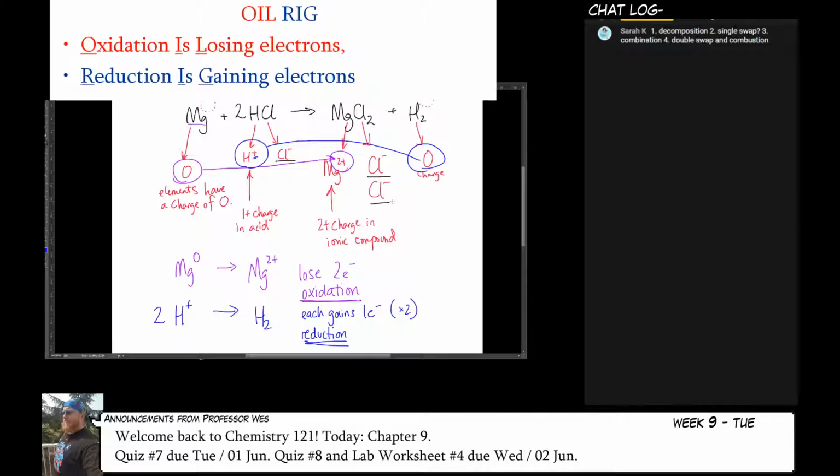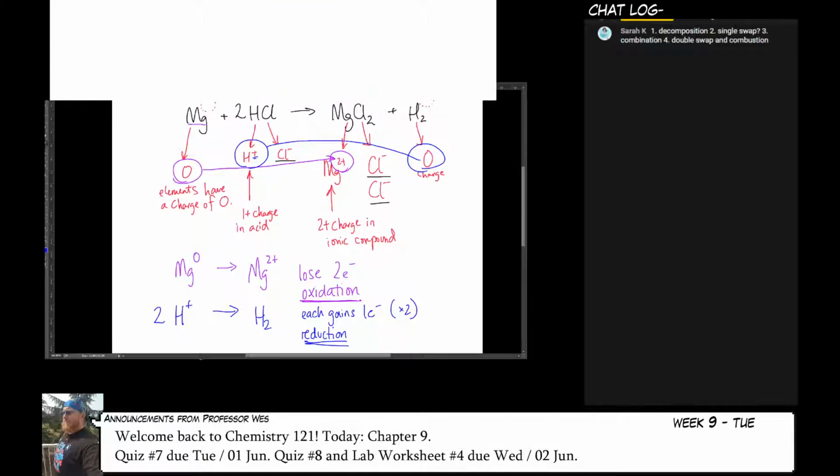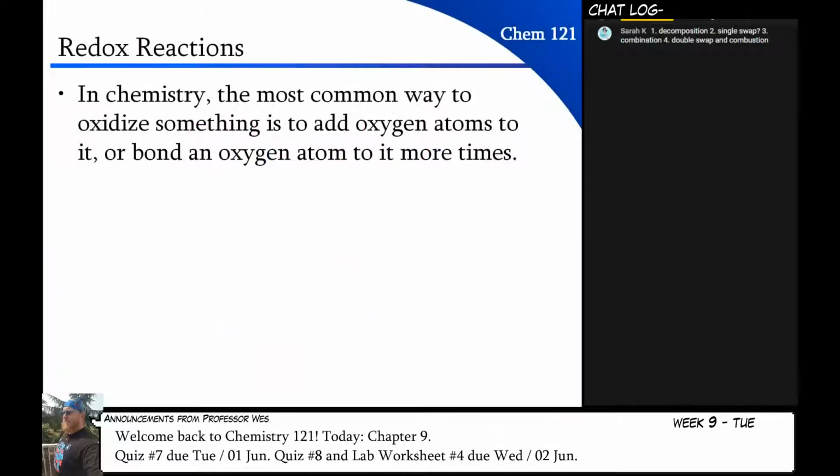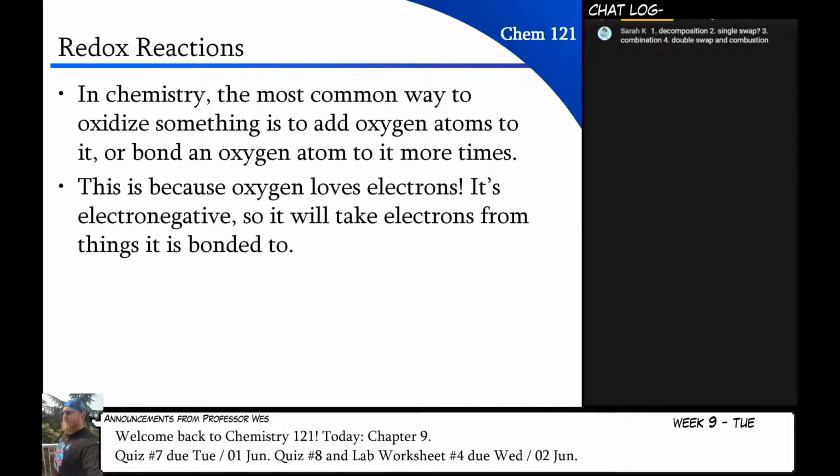Now, that's really difficult. This is the most difficult oxidation reduction I'm going to give you. What we're going to try and do is simplify this a little bit. The way that we're going to do that is we're going to look at structures that typically contain oxygen.